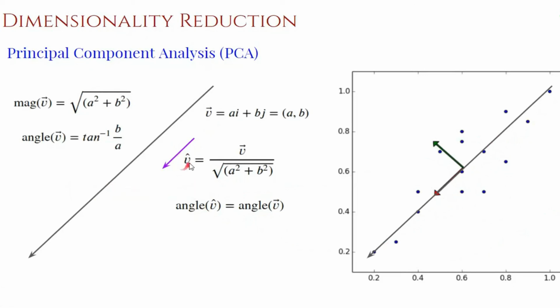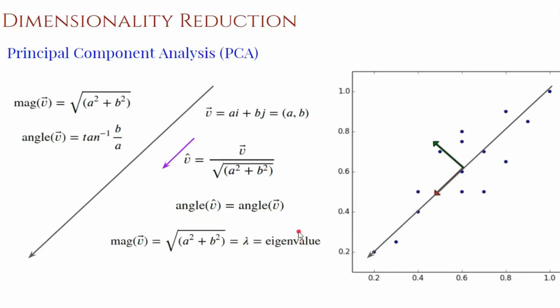We decompose it into a unit vector, and we also know the angle, the direction of this vector. In the context of principal component analysis, the magnitude of the vector, which is capturing the direction of the maximum variation, is represented using the Greek letter lambda, and this lambda is called the eigenvalue.